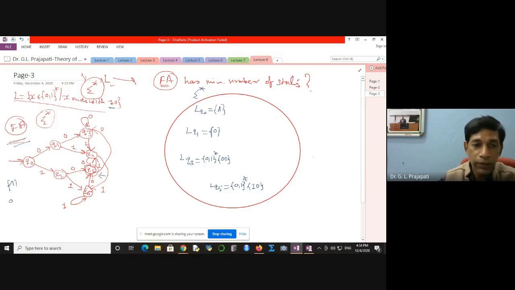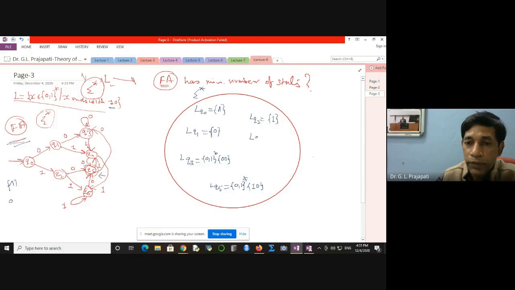And whenever you are at the Q2, what kind of strings you are going to accept? So language at Q2 is what? You are going to accept the language only this, right? Whenever you are at the Q4, what kind of language you are going to accept?